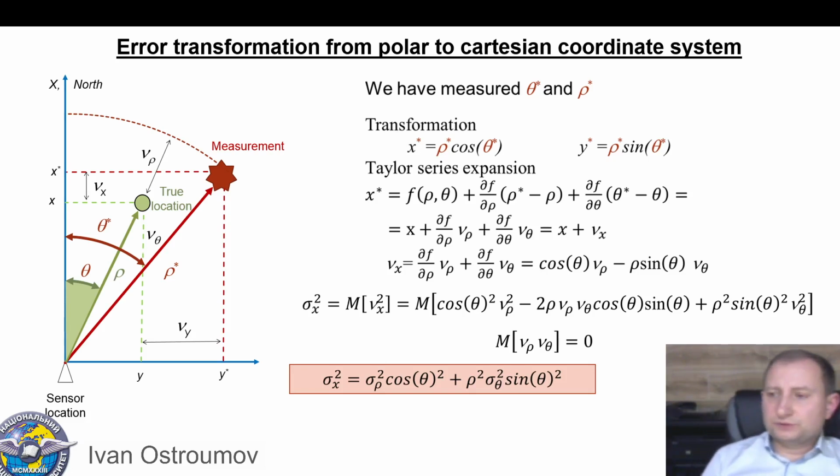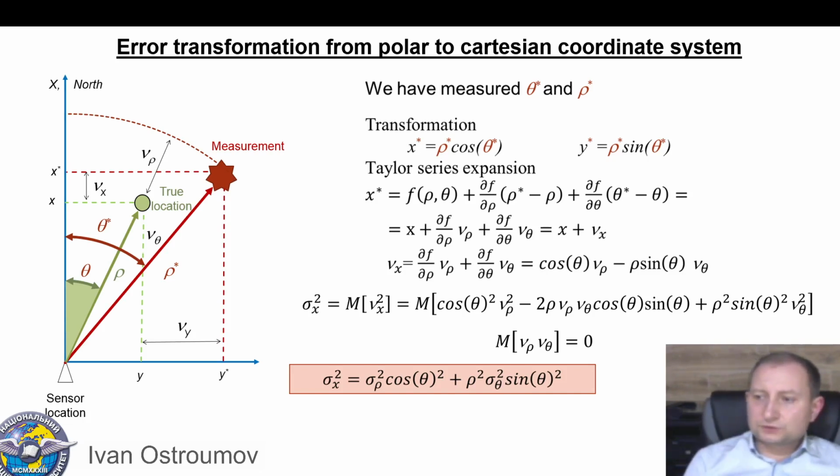However, during the measuring process, some random factors can influence, and finally we've got errors of measuring. And due to measuring two parameters, range and angle, we've got two different errors influence. First error influence in range measuring, and in my case it will be represented as an additive value eta rho.